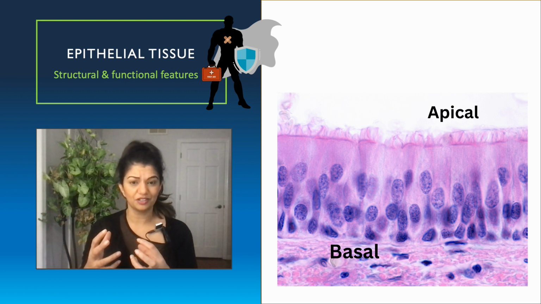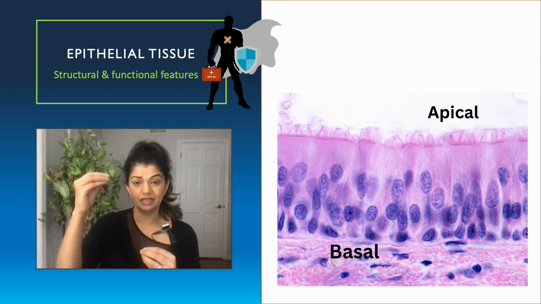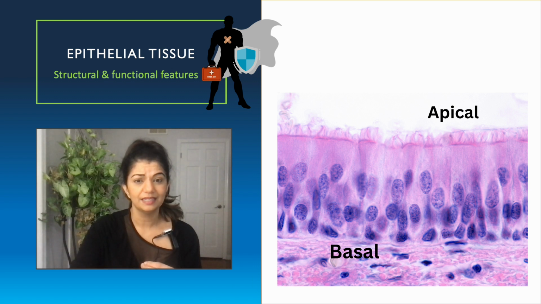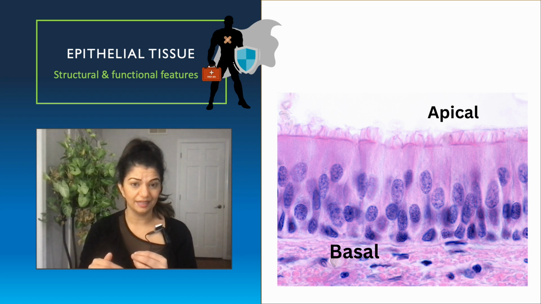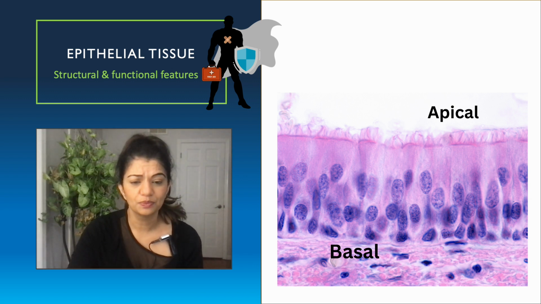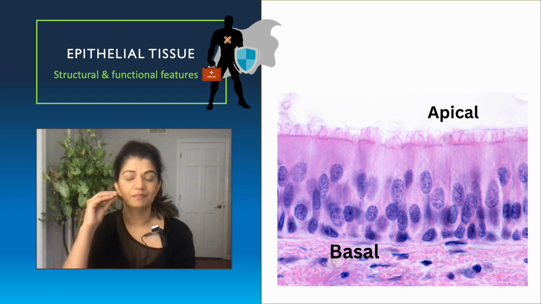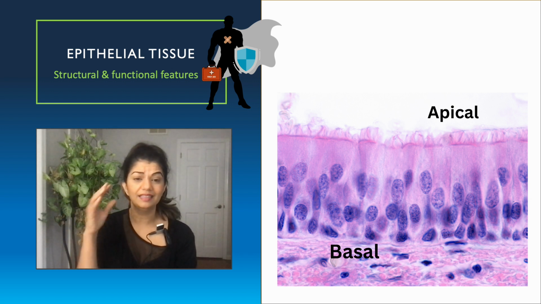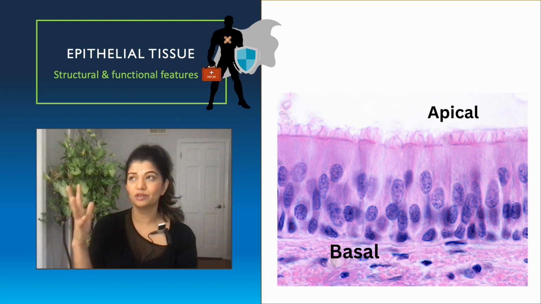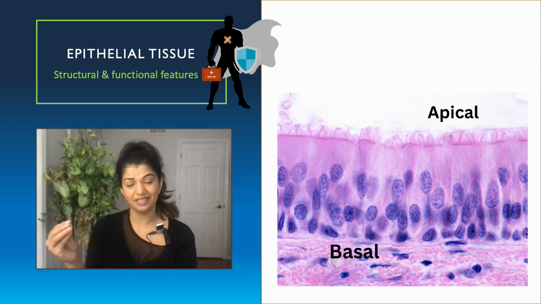So some structures are going to be found only on the apical side, right? And others might be more on the basal side. So for example, cilia, which is what you see up here, right? That's going to be on the apical surface. And these cilia, we need to talk a bit more about them because they're very, very important extensions.